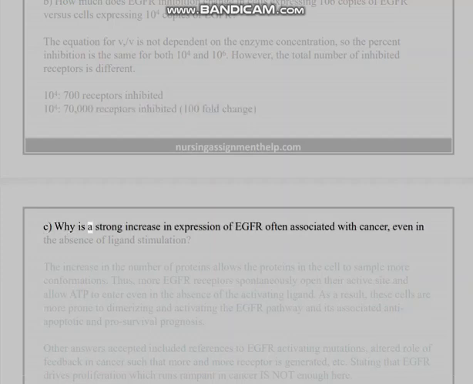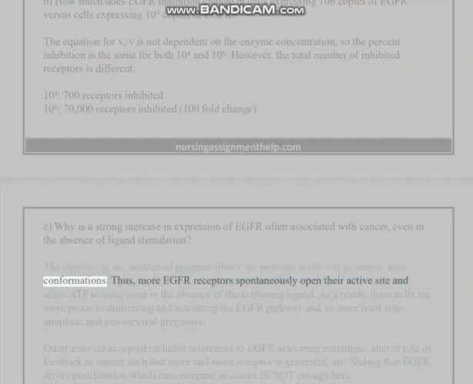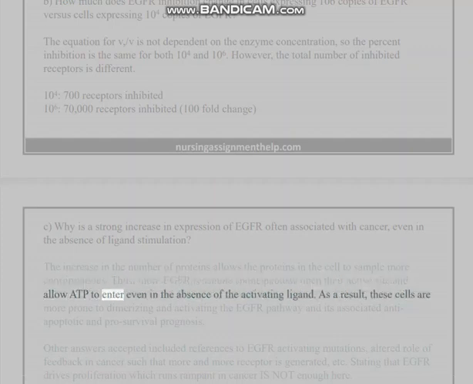C. Why is a strong increase in expression of EGFR often associated with cancer, even in the absence of ligand stimulation? The increase in the number of proteins allows the proteins in the cell to sample more conformations. Thus, more EGFR receptors spontaneously open their active site and allow ATP to enter even in the absence of the activating ligand.